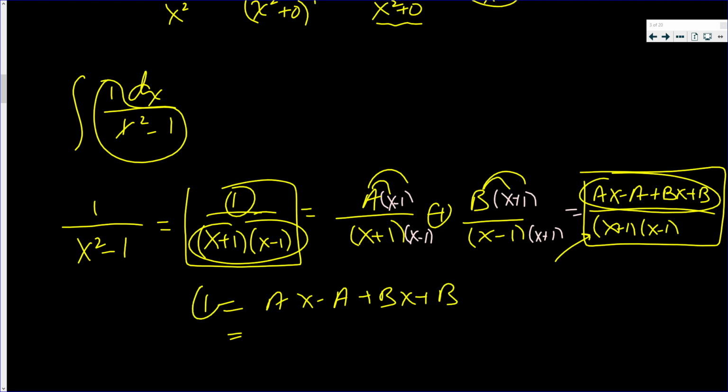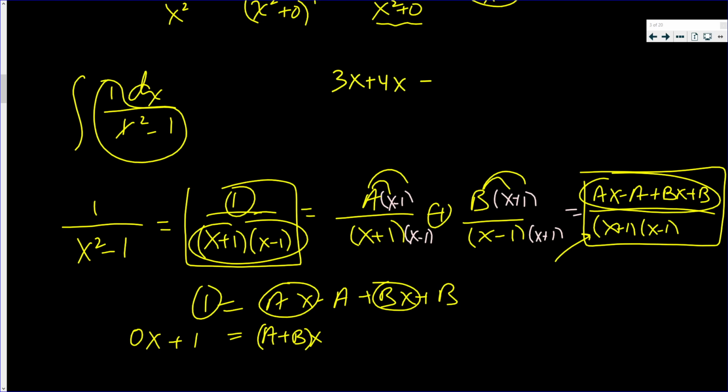Just understand that 1 is 0 x's plus 1. How many x's do we have on the right side? Well, here we have a, and we're adding b more. We have a plus b x's. After all, if you had 3x plus 4x's, I'm sure you'd say that's 7x.